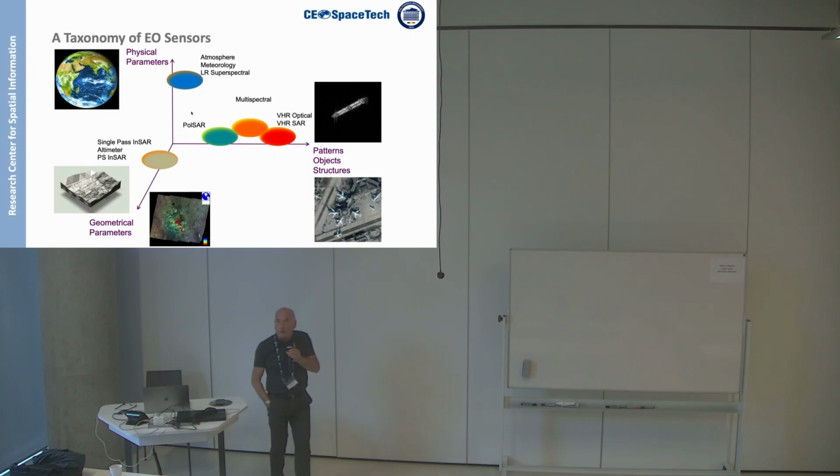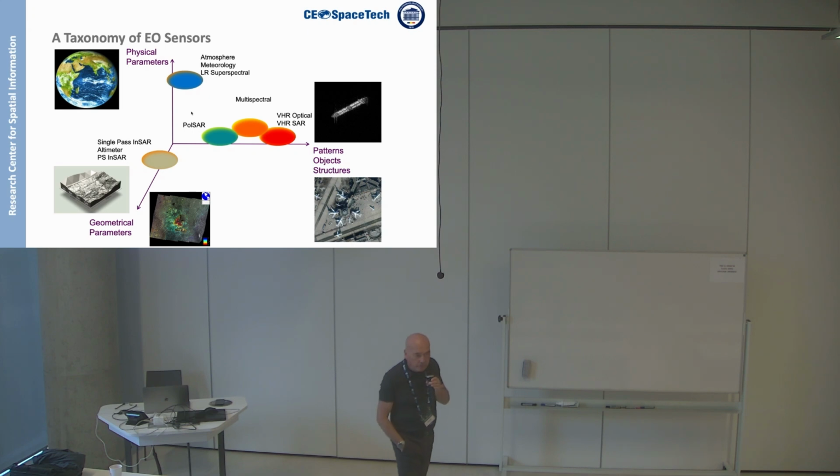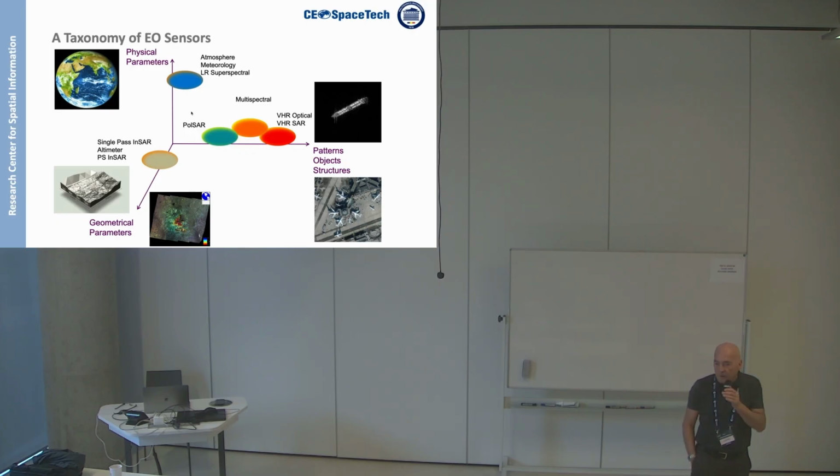A very short reminder of satellite sensors, a taxonomy. On the right side we have very high resolution images, which are closer to computer vision, because in very high resolution images the objective is to recognize patterns, objects. So this is a field which is bridging computer vision and Earth observation.